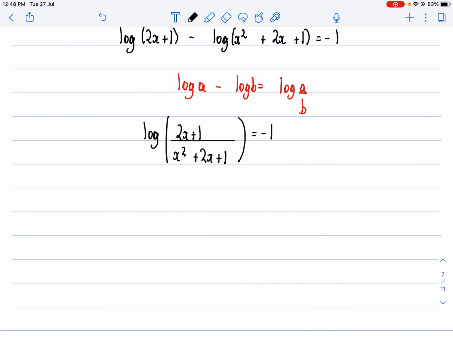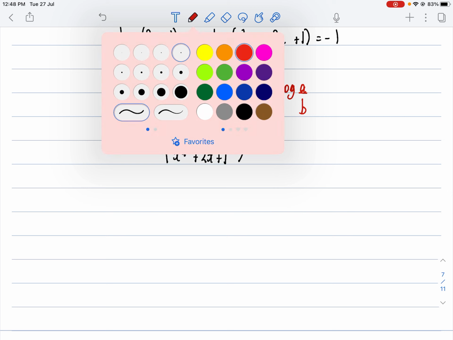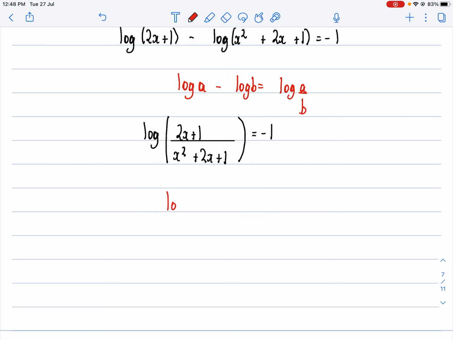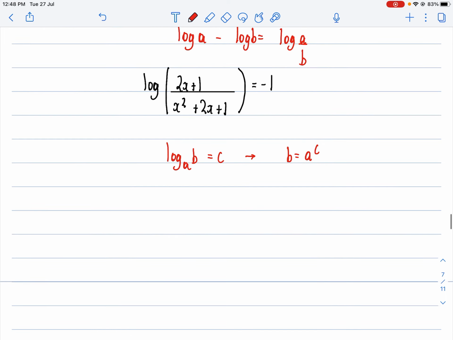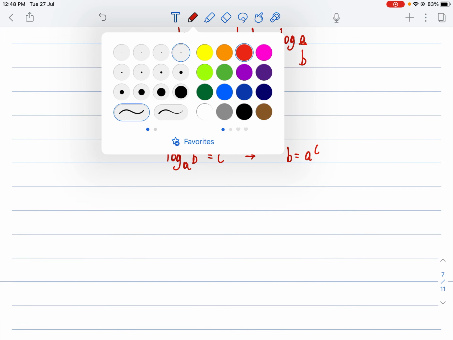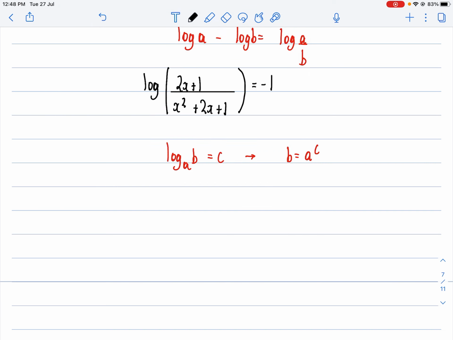Now I can use the log property, okay, which states that log of b with the base a equals c can be written as b equals a raised to c. Correct? Here I know that my base is 10. Correct?